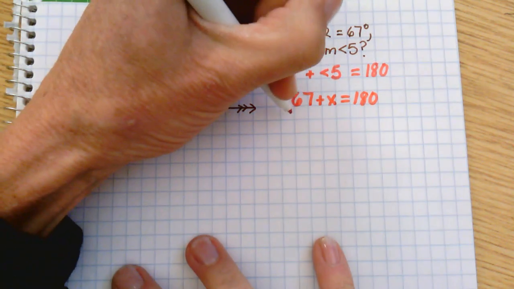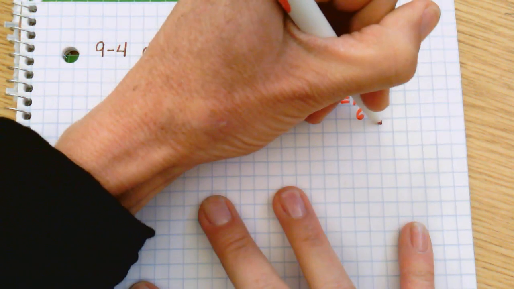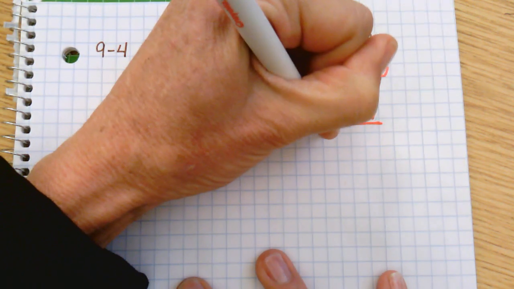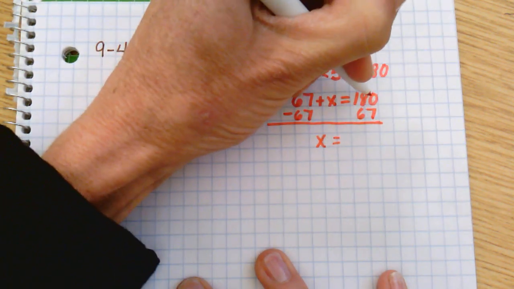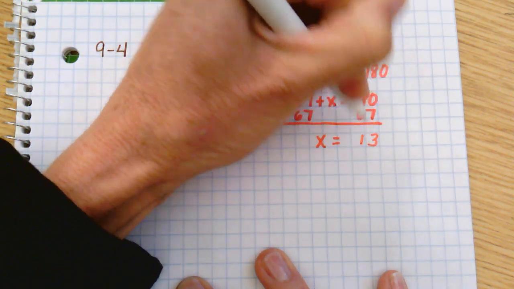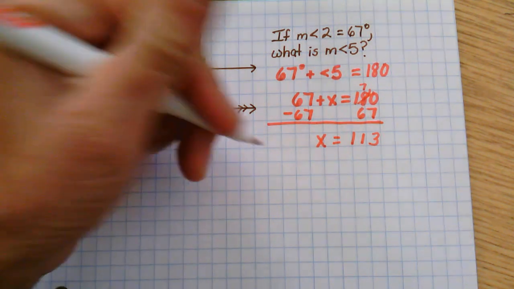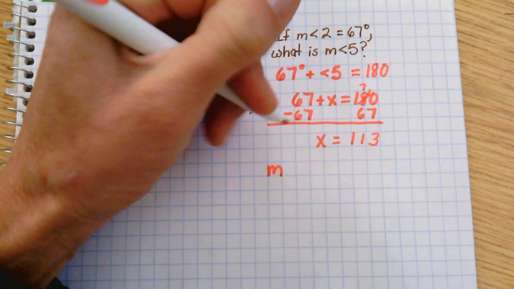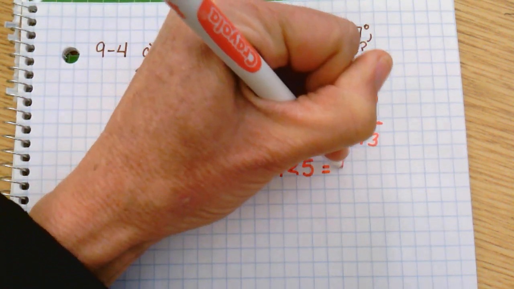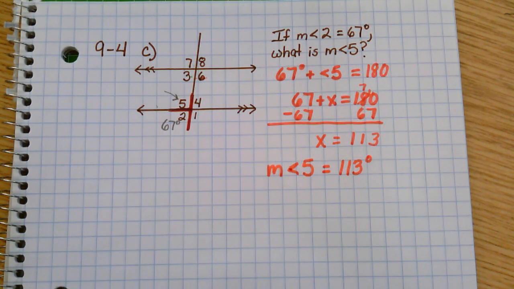To solve this equation, we would subtract 67 from each side, and we would find that x equals 113, or we could rewrite this and say the measure of angle 5 is equal to 113 degrees.